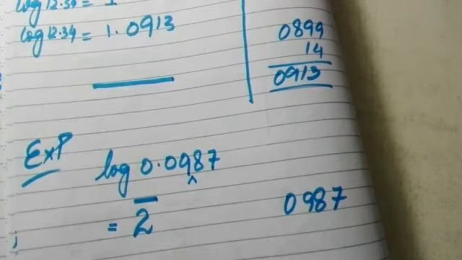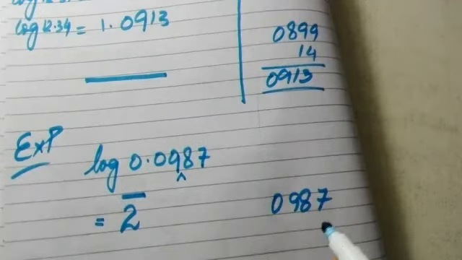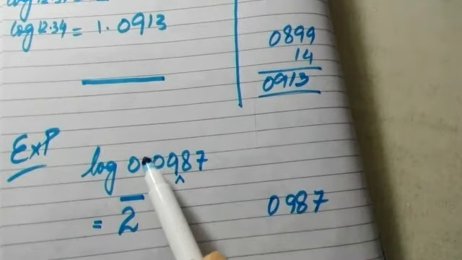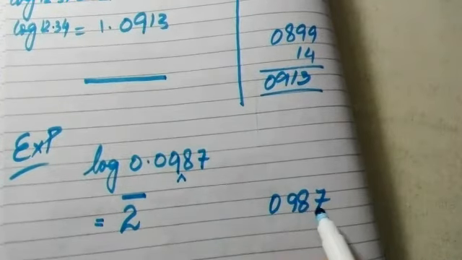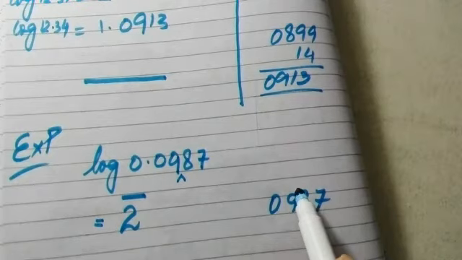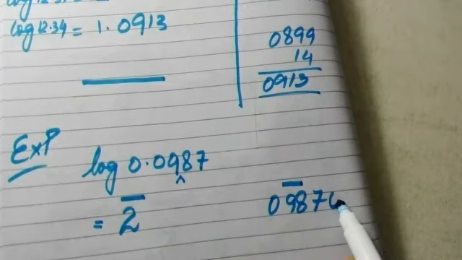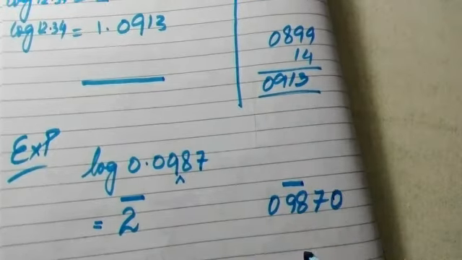You will ignore the decimal sign and the number will become 987. So you have to pair up 98, and you will add a 0 yourself for the explanation, because I told you that we should have 4 digits altogether to find the logarithm from the logarithmic table.